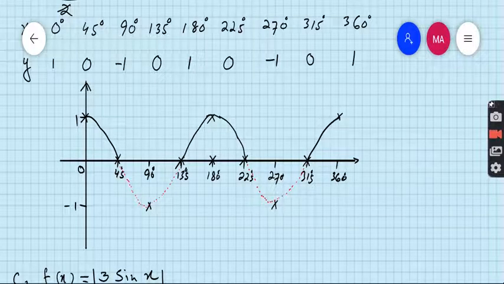Now we have to reflect those parts which are below the x-axis. So this is 90. For minus 1 it should be 1. I will use another color pencil.